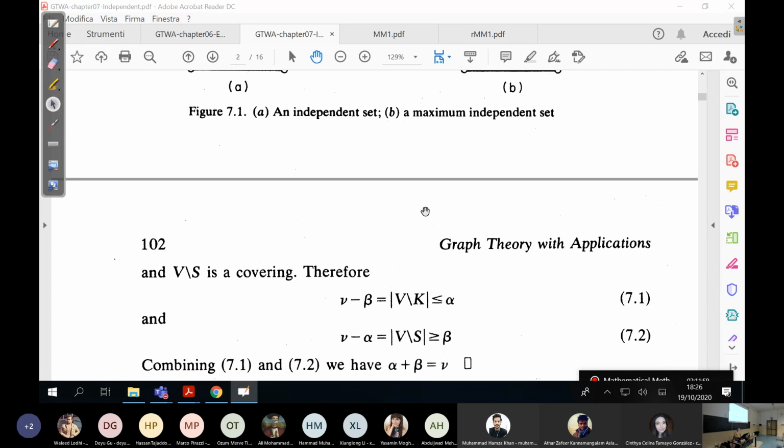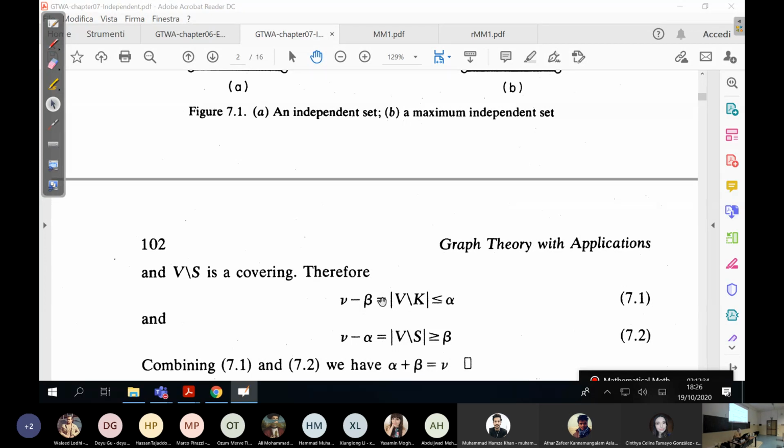But then what we have is the number of vertices in the complement of the minimum covering. K is a minimum covering, so its number of vertices is exactly beta.